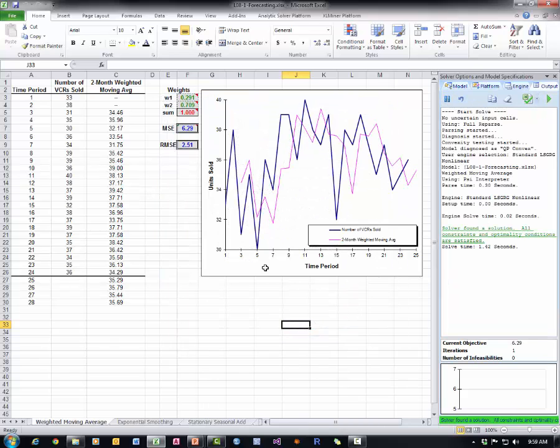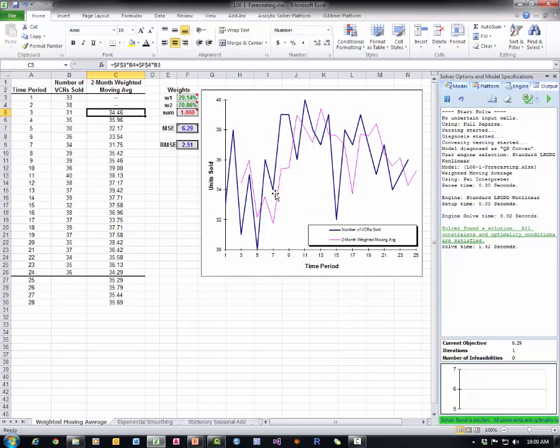Now this is non-linear, and you notice that it's taking your weight 1 as 29.1% and weight 2 as 70.9%. So essentially what we are saying is that we're going to select 29.1% of the previous time period and 70.86% of two time periods behind to form our new weighted moving average. And that makes sense if you actually look at the number of VCRs sold. It goes up, then comes down, then goes up, then comes down.